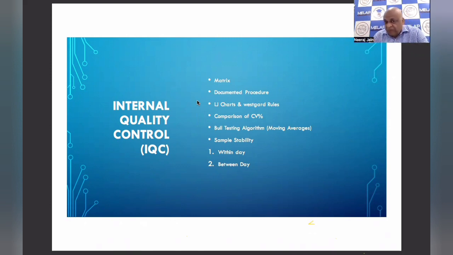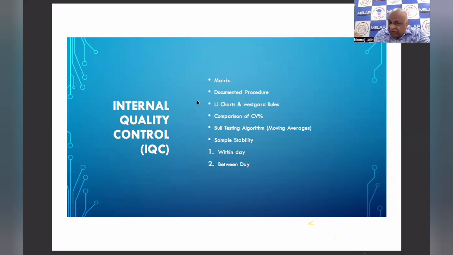What you can do when you're buying a new machine, after running 500 samples, take the average of those 500 values. Then after every 20 samples or every day, you calculate the average value of this hemoglobin, of this TLC, of this RBC, of this platelet. There should not be significant difference in the average value of hemoglobin, TLC, RBC, and platelet.